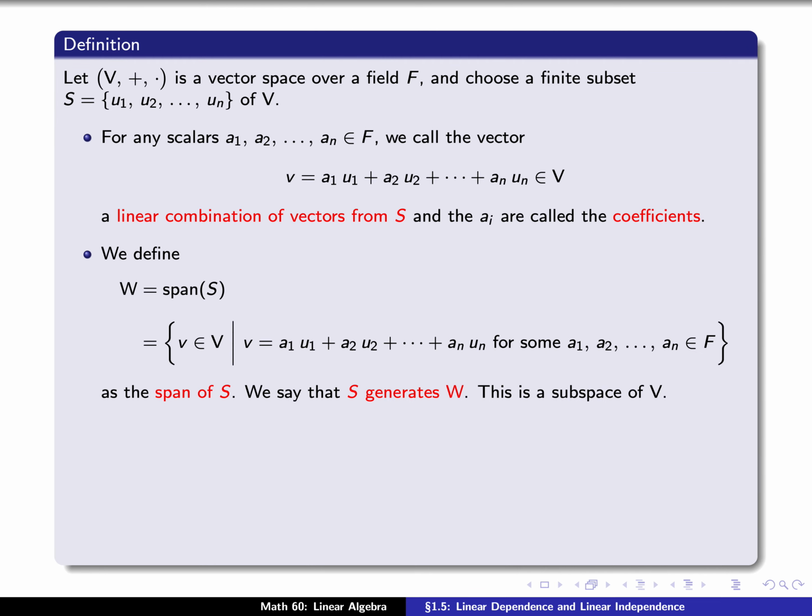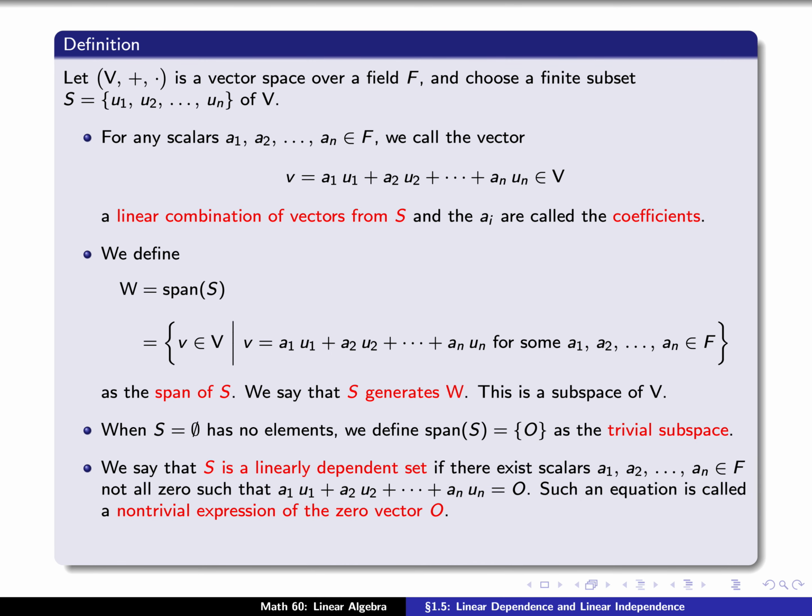We can place all such linear combinations together into one collection, and we call this collection the span of S. This is a subspace of our vector space V. If S has no elements, that is, S is the empty set, we call the span the trivial subspace.